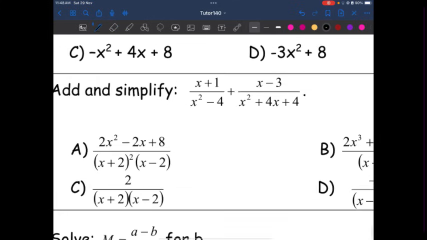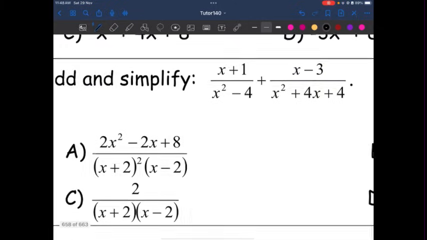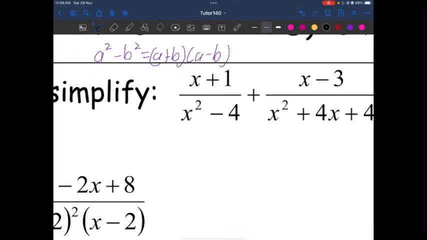Okay, for this, we have to factorize the denominators. Difference of two squares again. I didn't write the formula the first time, but it's a squared minus b squared, that's equal to (a plus b)(a minus b). So this is x squared minus 2 squared, so this is (x minus 2)(x plus 2).